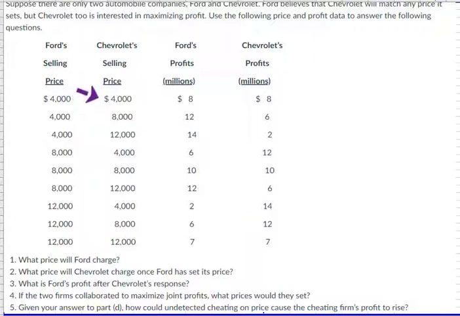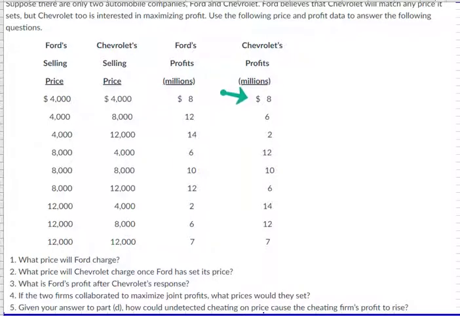When Ford is selling a car for $4,000, Chevy is also selling a car for $4,000. That's the first line. Look to the right of that. It's saying if both Ford and Chevy sell a car for $4,000, Ford will make $8 million profits and Chevy will make $8 million profits. That's how you read this particular table.